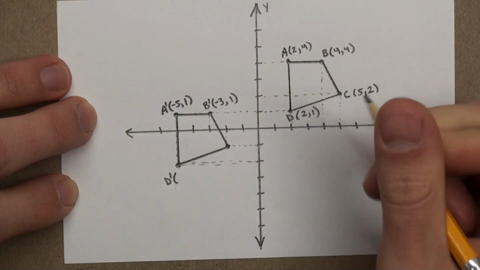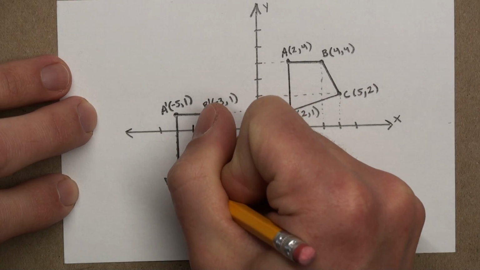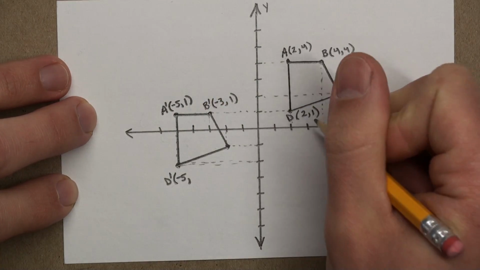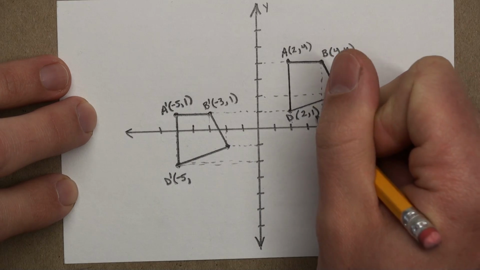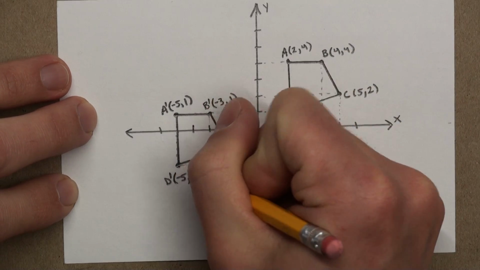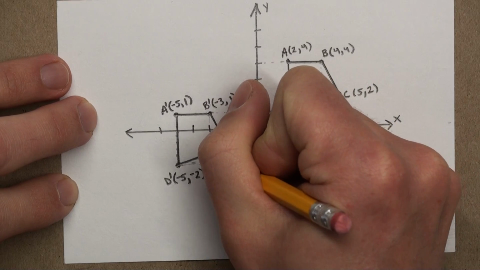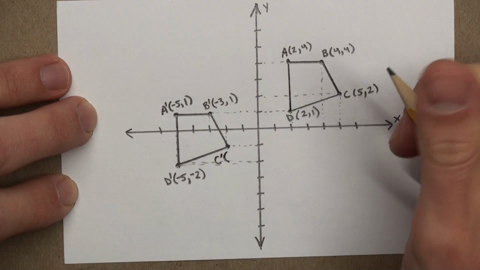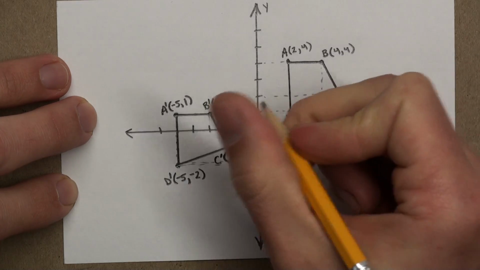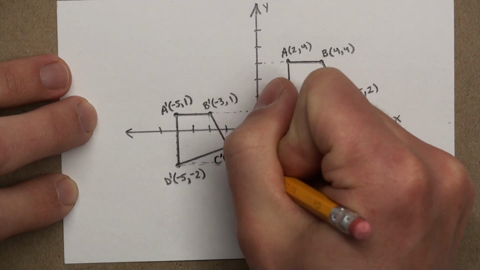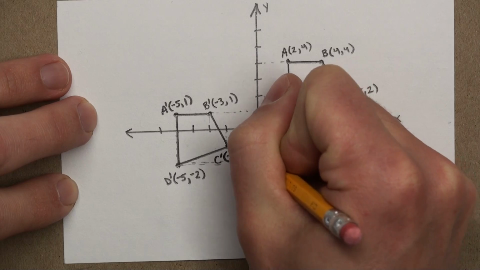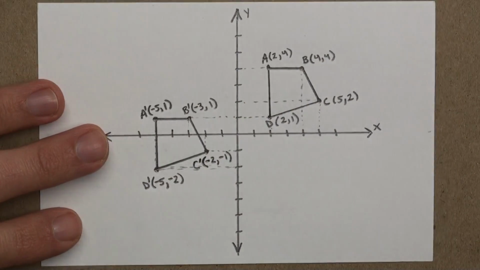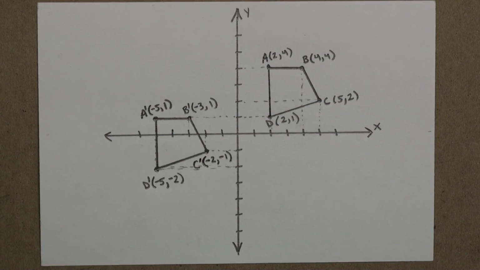D prime is at (-5, -2), and C prime is at (-2, -1). Okay. Now let's show the work for this.